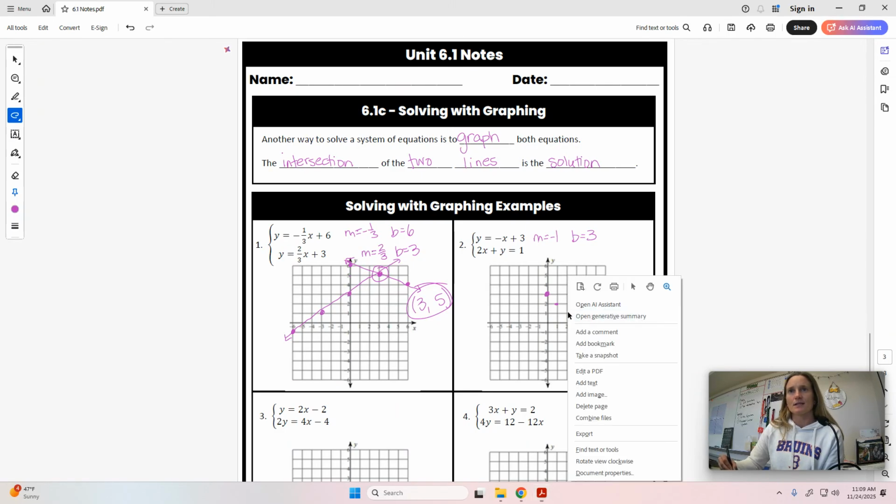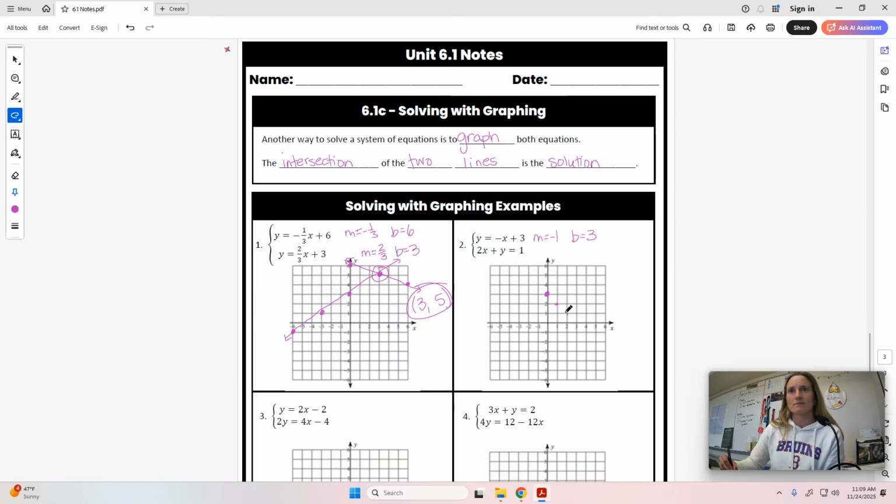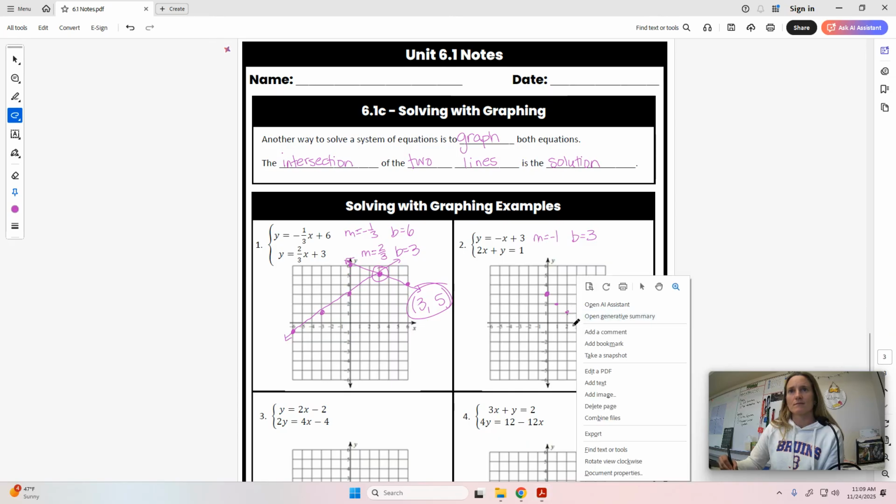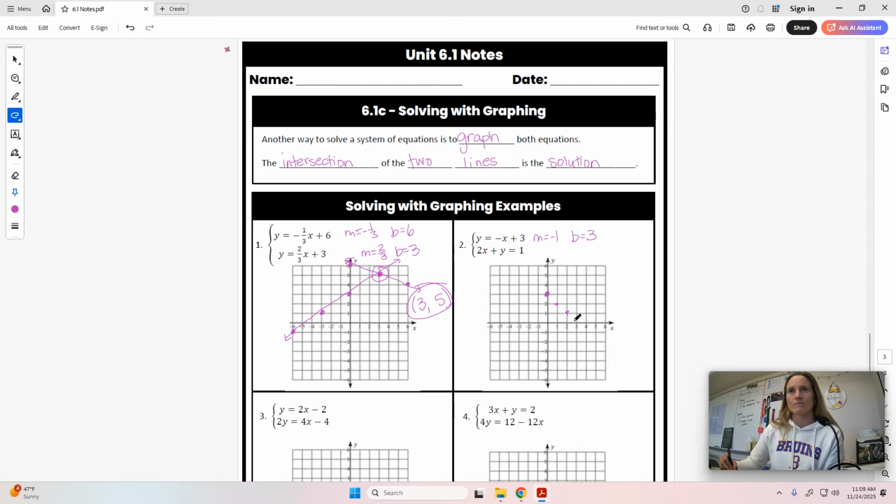My hand keeps hitting that. I don't think it likes it when I draw a circle. Okay. So here's this first line. Try to make it straight. And when you're doing these in class, I do have rulers to give you that straight edge.